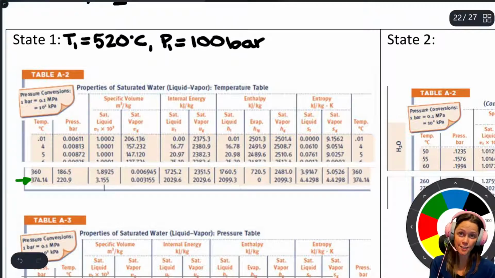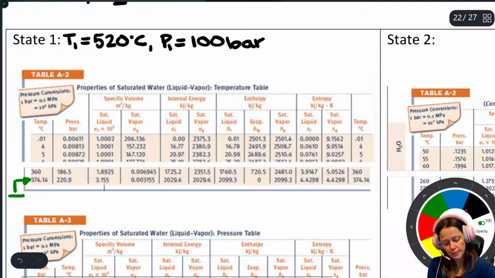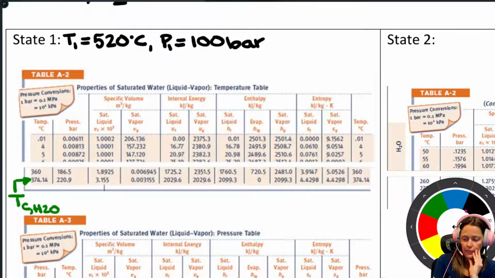The last temperature data point on that saturated table is 374.14, which seems an oddly specific number. And that temperature is the critical temperature. It was mentioned in one of the videos, probably like 1.4, 1.5.